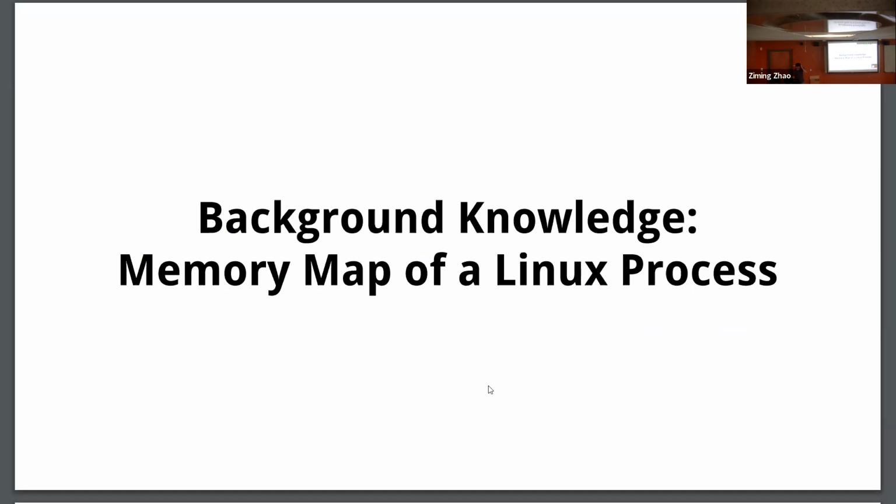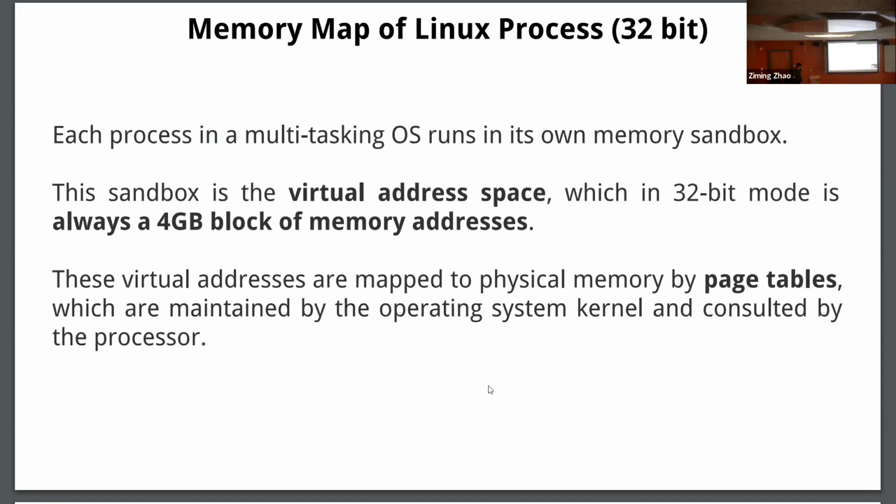Okay, next we talk about the memory map of a Linux process. Linux is a multitasking operating system, which means you can run many different applications at the same time. Same as Windows, same as your Mac.